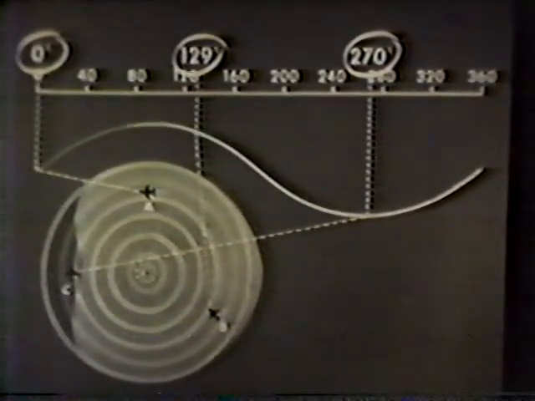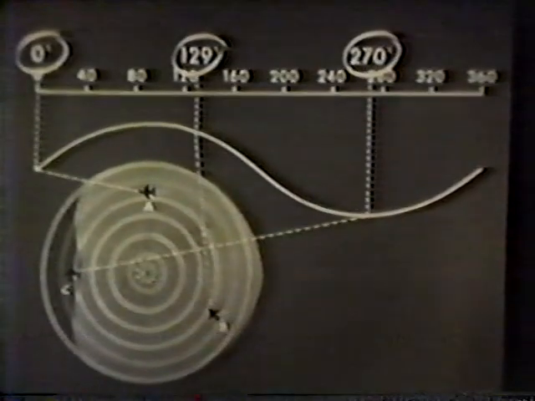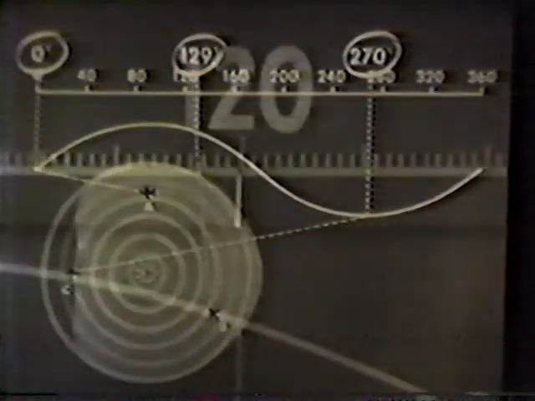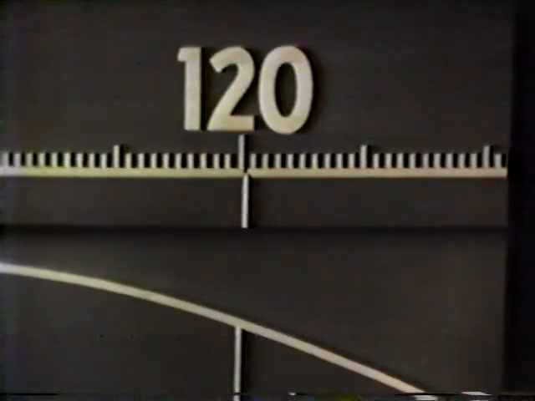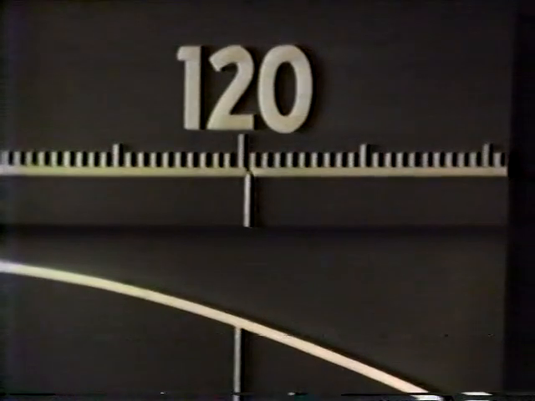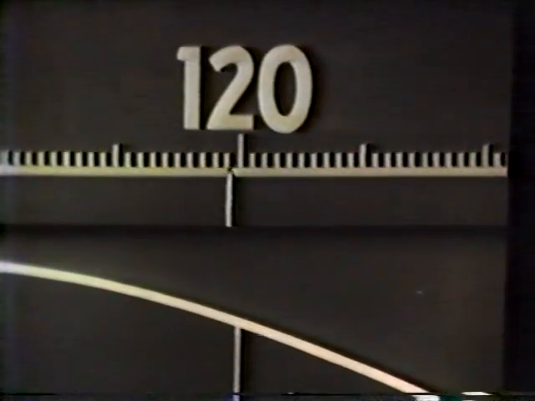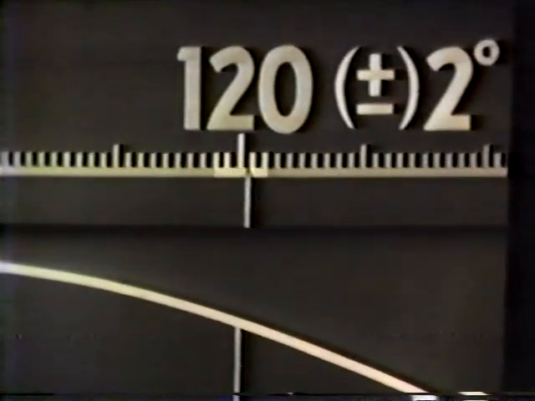When one cycle of modulation represents an entire 360 degrees of azimuth, the slope of the amplitude modulation makes it impossible to read bearings accurately. So, bearings from single cycle modulations are generally accurate only within plus or minus 2 degrees.